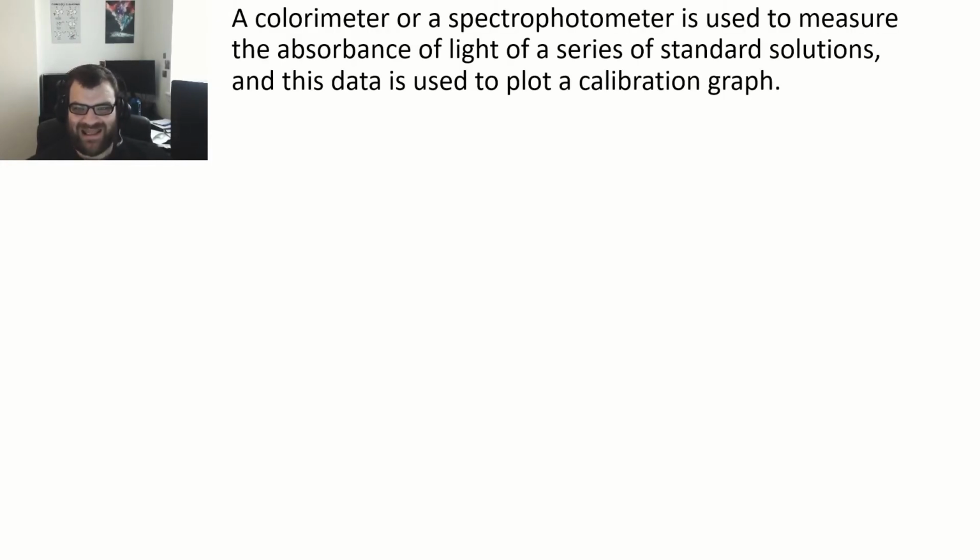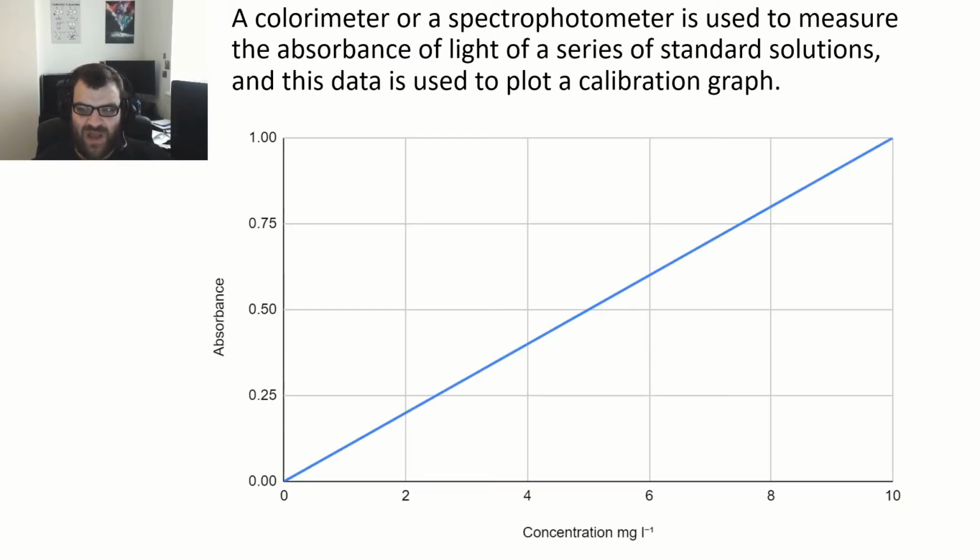If we prepare samples of the chemical we're investigating at different concentrations, then measure the absorbance at each of those concentrations, we can take that data and turn it into a calibration graph. By plotting the values of concentration against absorbance, we then have a curve that we can use to determine the concentration of our unknown sample.